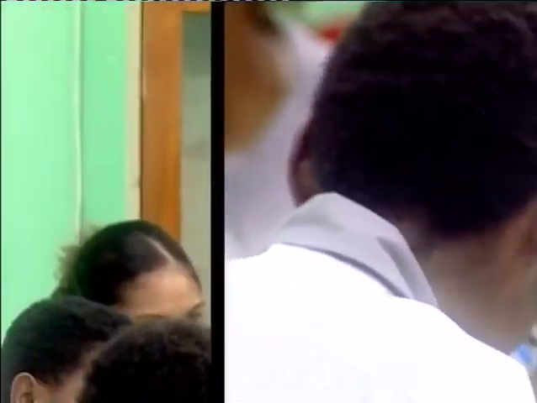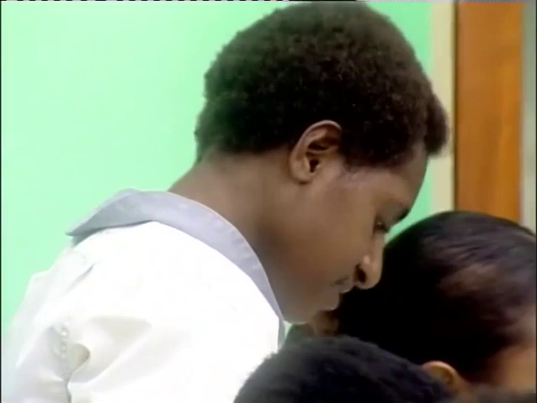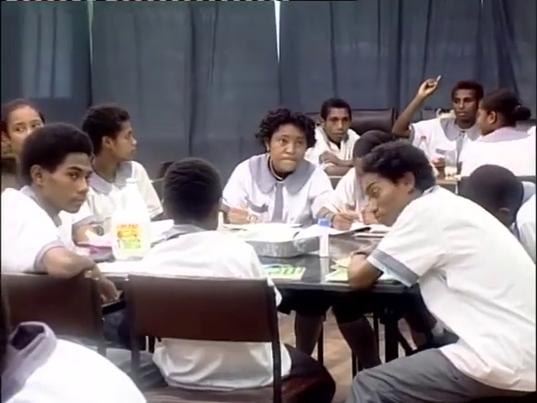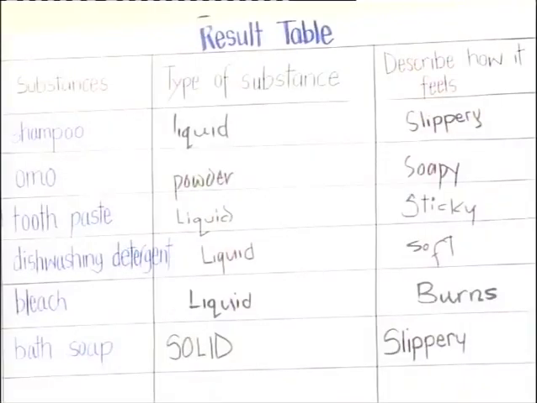Thank you. Soft and sticky. All right, soft and sticky. Very good. Some of you were also thinking about slippery. Very good, you are all not wrong. Now, what can we say about base just by having a look at the table? What is a base?